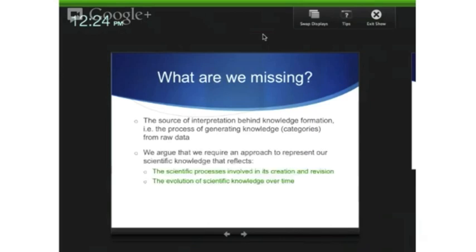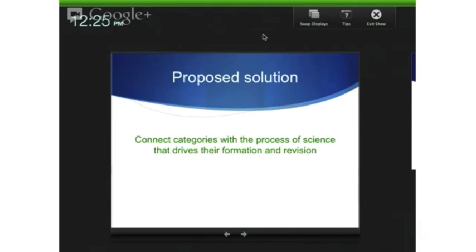So what we need is an approach to represent our scientific knowledge that not just represents what is known, but also tells us why that knowledge is the way it is and how that knowledge evolved over time. My proposed solution is to connect those categories, which are symbols of our worldly knowledge, with the process of science that drives their formation and revision.